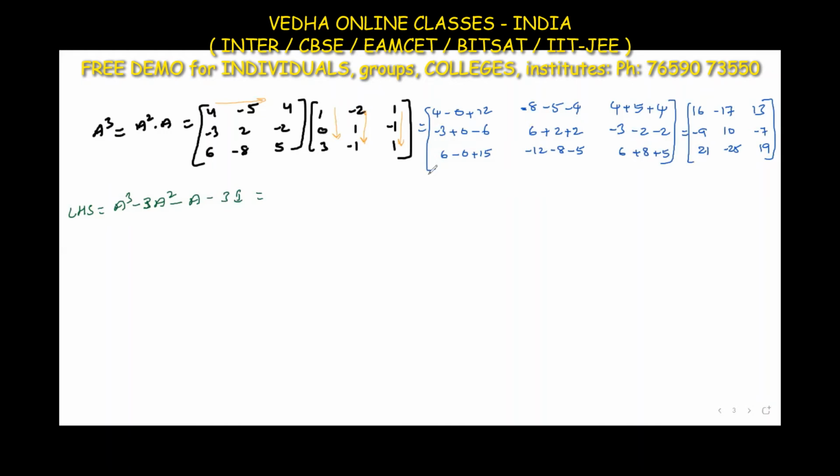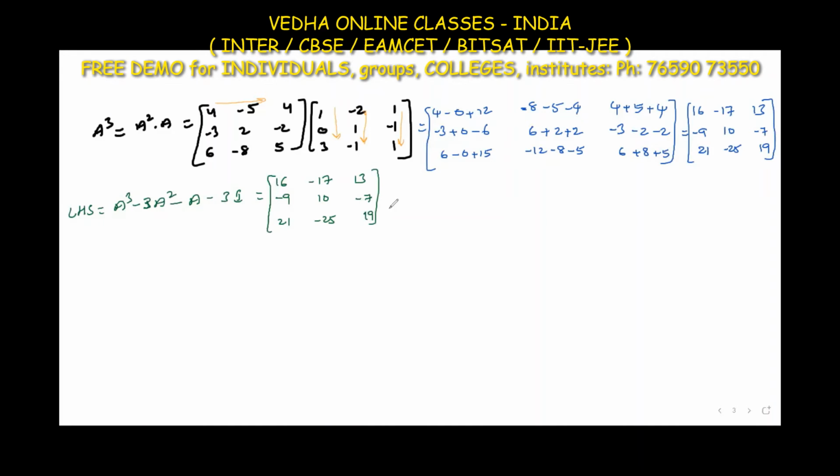This is the A cube value: 16, minus 17, 13, minus 9, 10, minus 7, 21, minus 25, and 19.